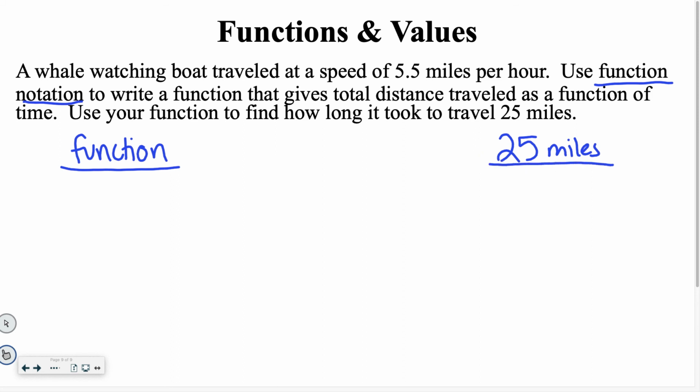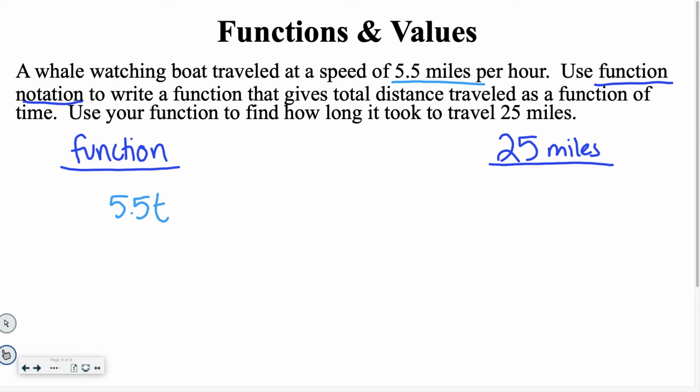So if I travel 5.5 miles per hour, if I traveled 1 hour, I'd make it 5.5 miles. If I've traveled 2 hours, I would make it 11 miles. If I traveled 4 hours, I'd make it 22 miles. Okay, so the way that I'm going to do this is I know it's 5.5 times however many hours.